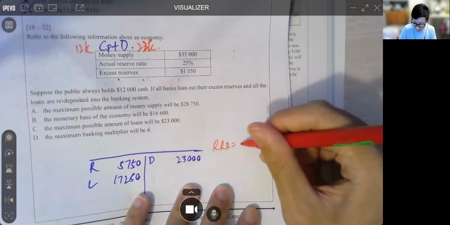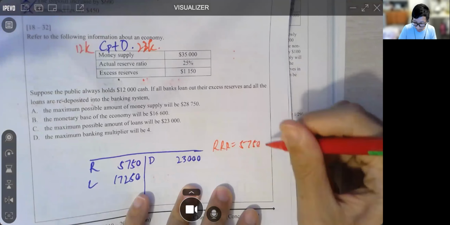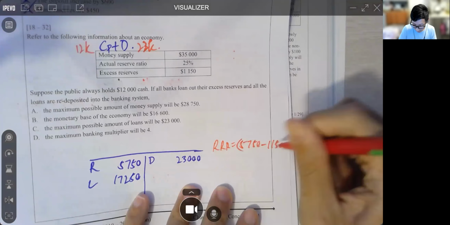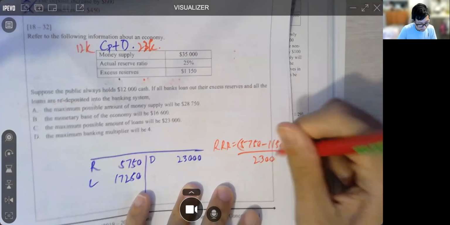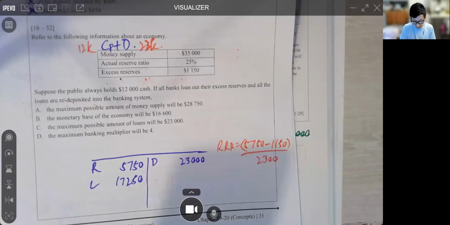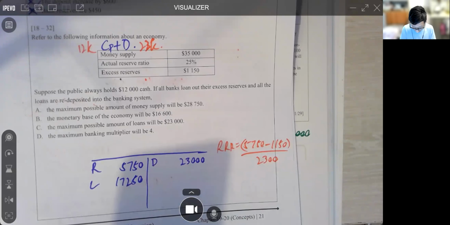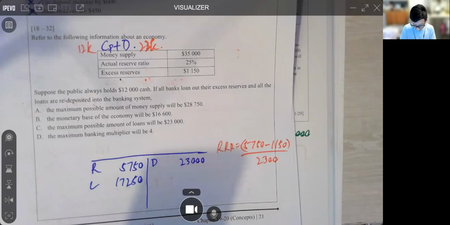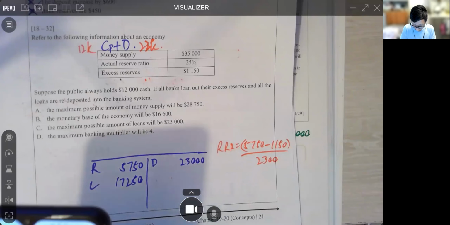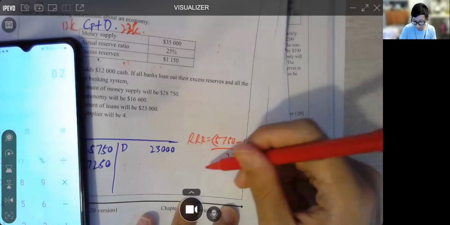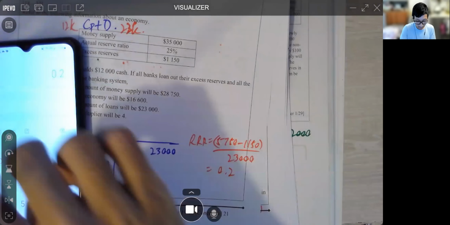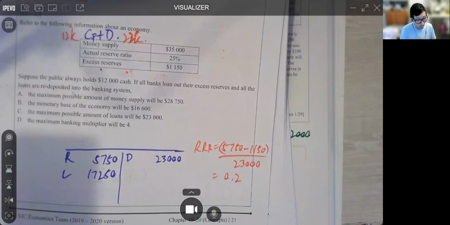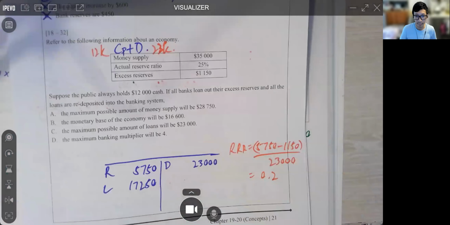It would be this one minus 1150 divided by this amount. 因為而家1150係 excess reserve 啊嘛，so it should be 0.2. Okay, it will be 0.2, the required reserve ratio.